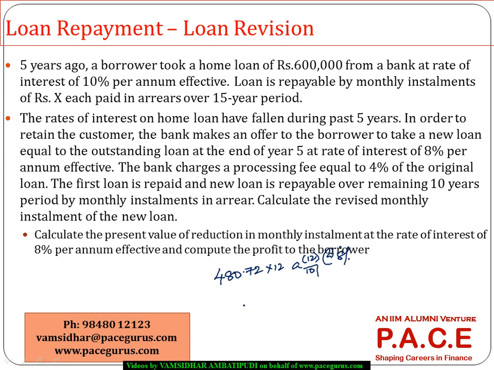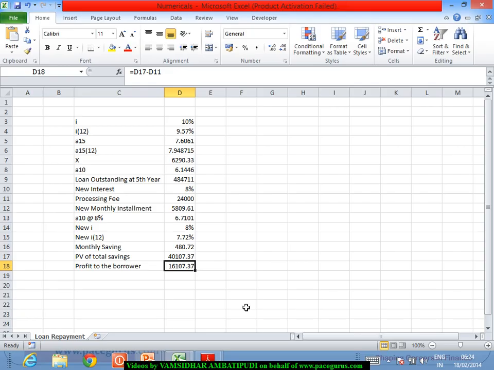The interest that is reduced is reducing my overall EMI, giving me a savings of almost 480 rupees per month, and overall present value of the total savings being around 40,107 over the entire period.